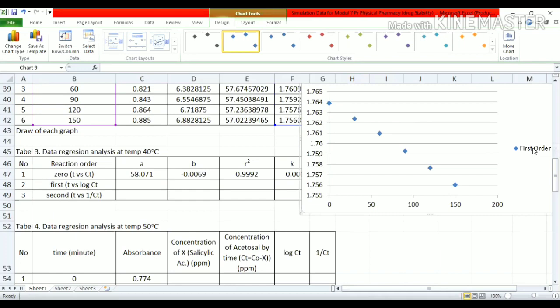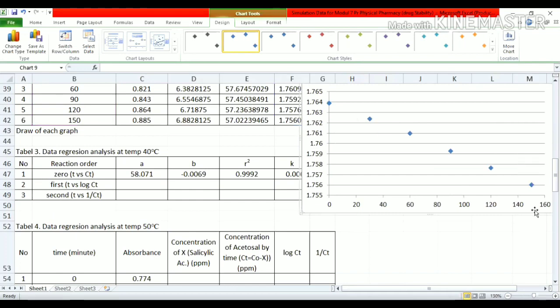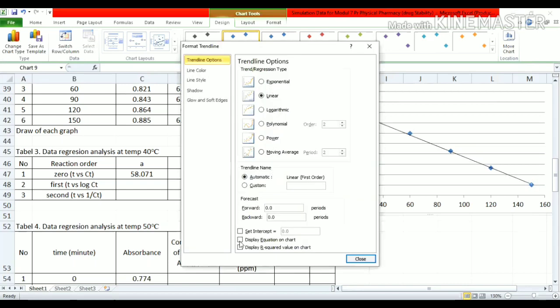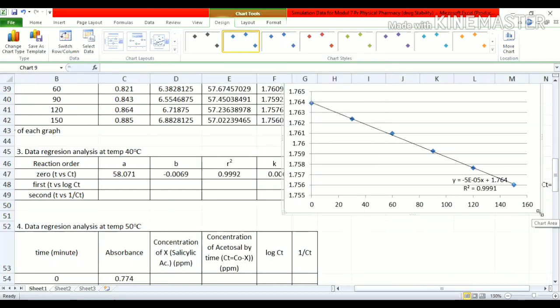So in the equation, the Y is the log concentration, this is the B number, and this is the A number. The B value is equal to the mean K per 2.303, because we are using log concentration, and the X is still the same, the time.